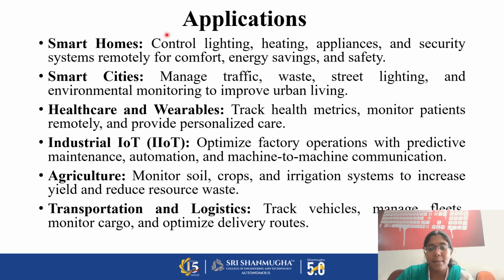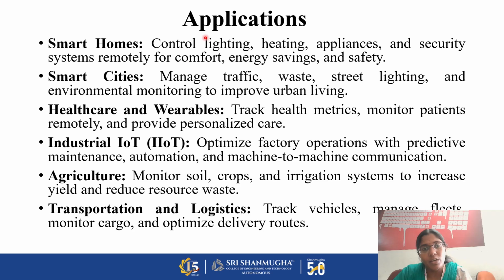So the next one is applications of IoT. For what type of applications can we apply IoT? We can use IoT in smart homes. For what do we need a smart home? For comfort, energy savings and safety, right? For these things we are in need of IoT.